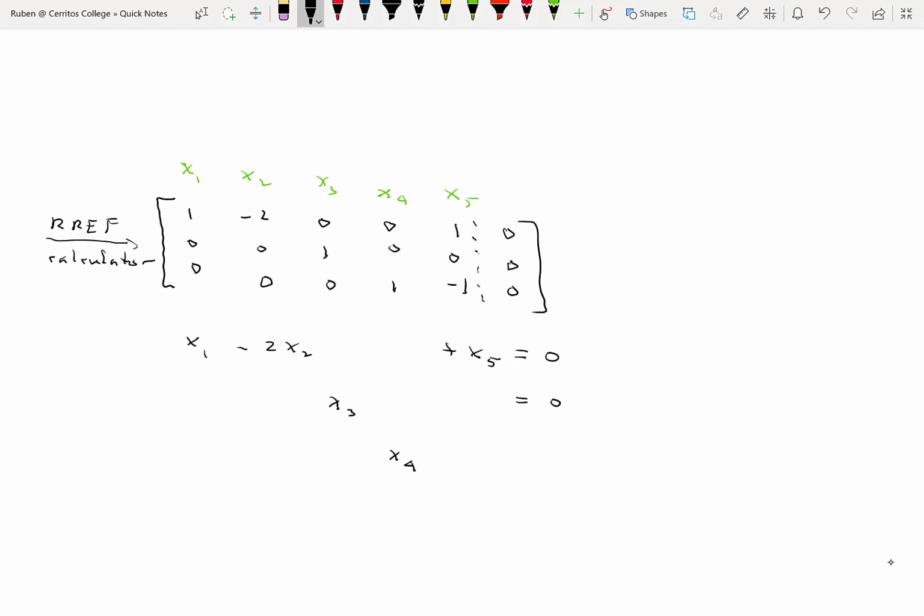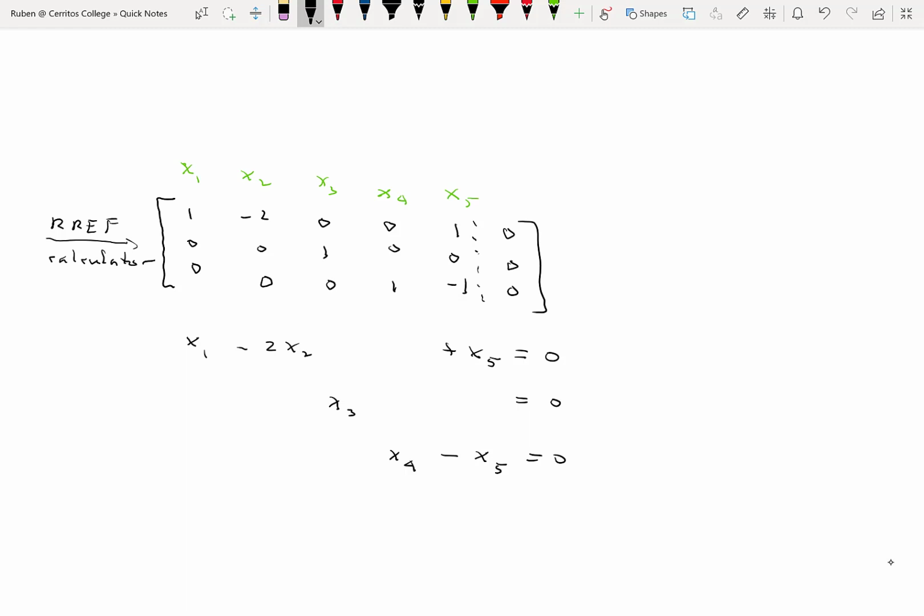Then we have x4 minus x5 equals 0, just transforming this final matrix into a final system. Now remember, the leading ones correspond to the dependent variables. Those are the variables that we get in terms of free variables.